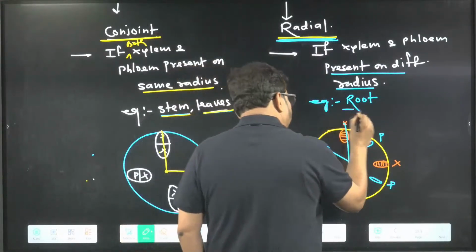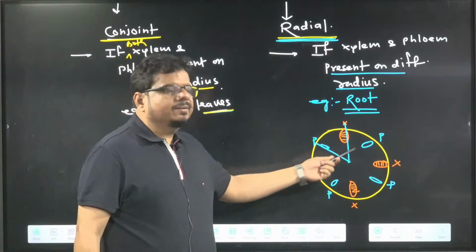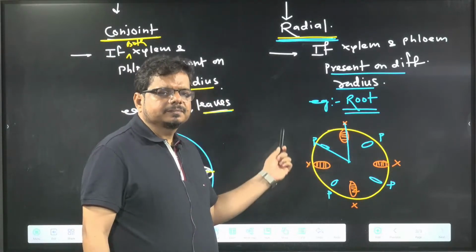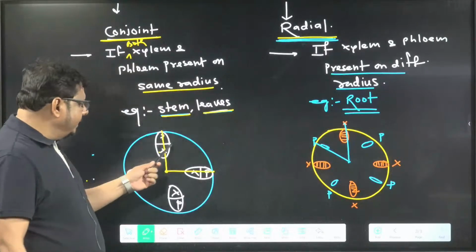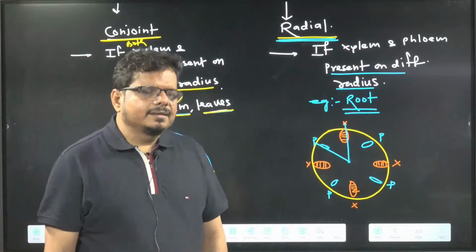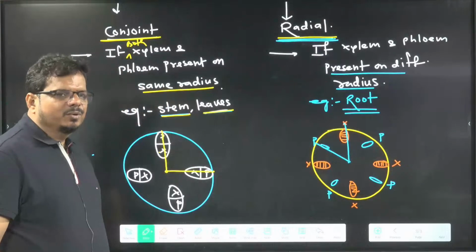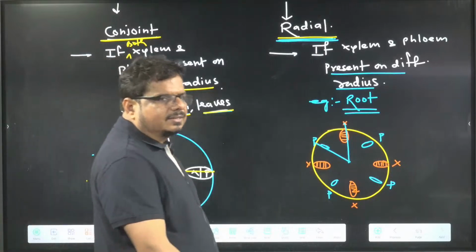An example is root. So in the root of any plant, you will find such a kind of arrangement of vascular tissue. And in a stem and leaf, you will find the conjoint arrangement of vascular tissue. Is it clear? Is it done in the mind or not? Can we move ahead? It is done? Yes.